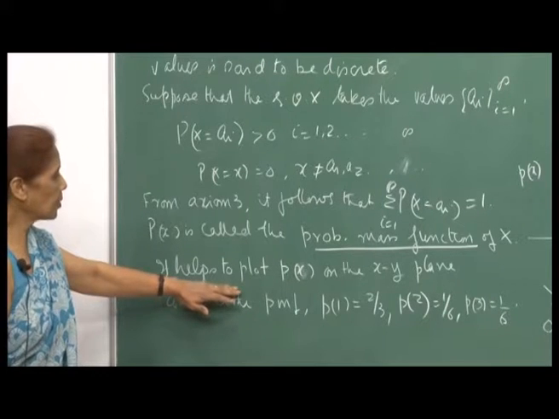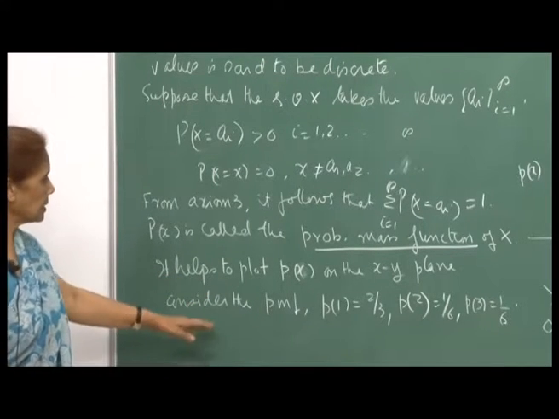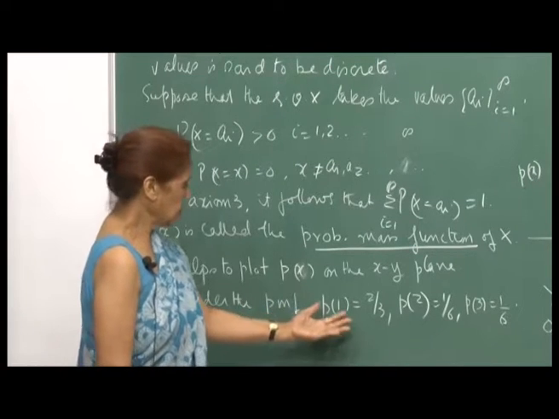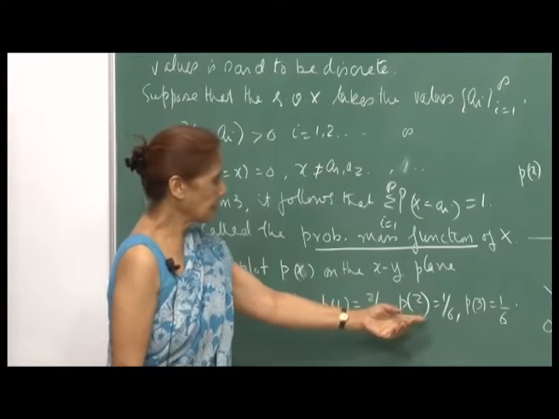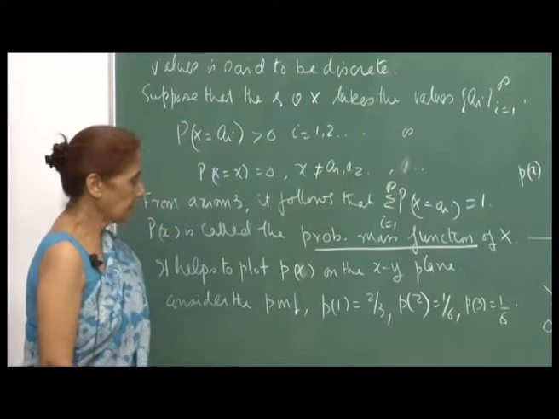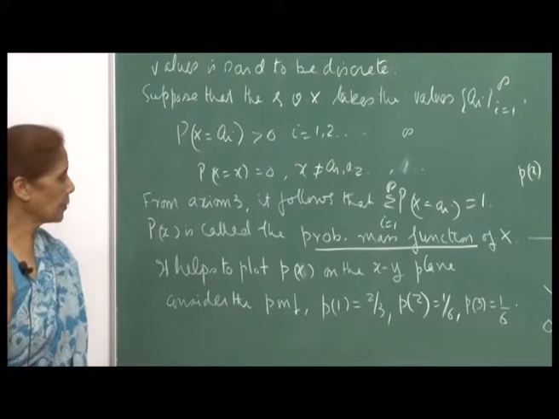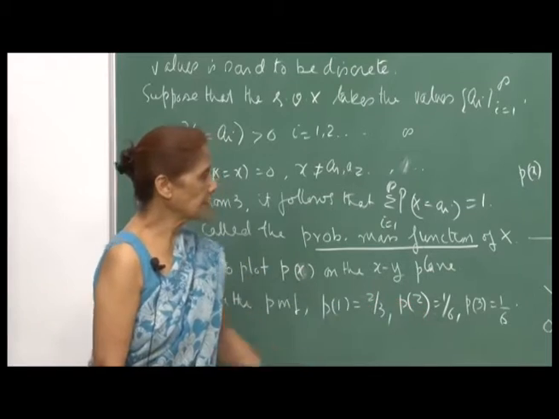Now, it helps to plot P(x) on the xy plane. Consider the probability mass function where P(1) is 2 by 3, P(2) is 1 by 6 and P(3) is 1 by 6. The random variable takes the values 1, 2, 3, and these are the probabilities associated with it.